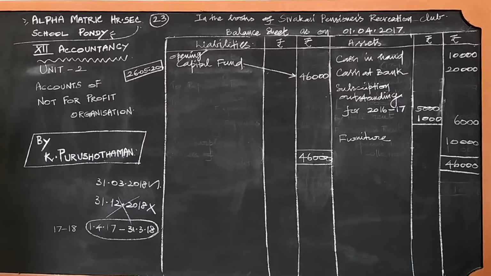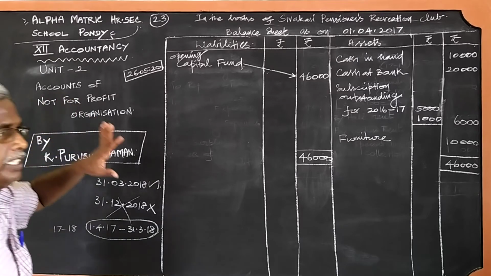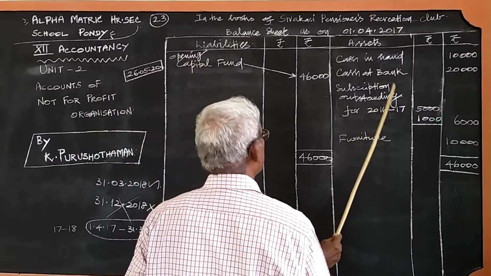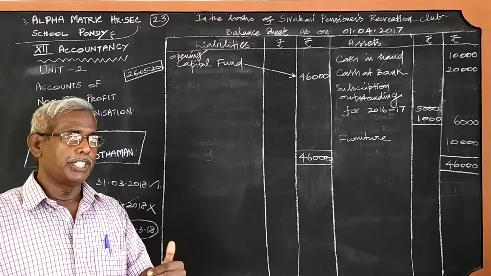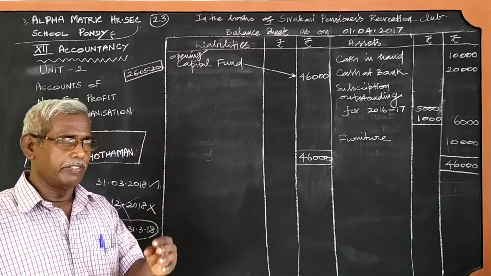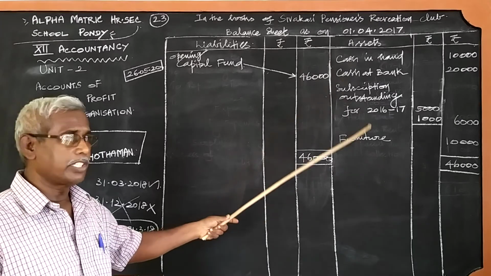What does it mean? This year we have received 5,000 rupees for the previous year. Previous year it was pending, it was outstanding, and the amount is received during this year. Therefore it is the last year's outstanding which will appear definitely in the beginning of the year. Therefore it is 5,000. And in the additional information, information is given regarding the outstanding subscription.